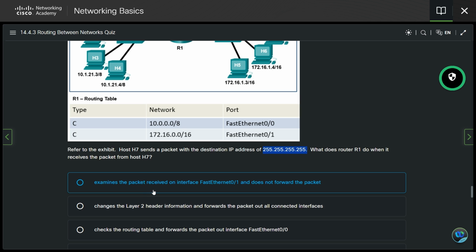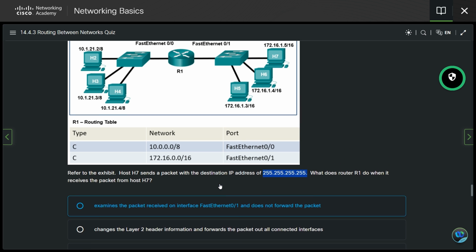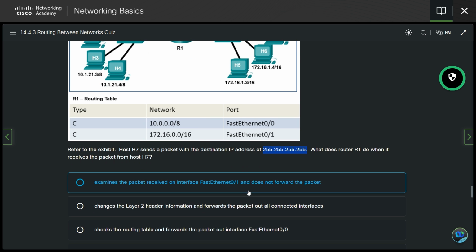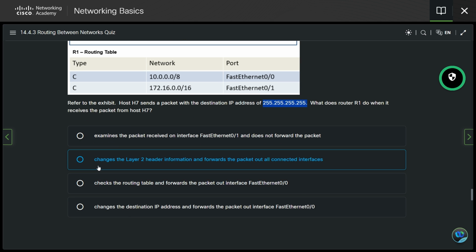Examine the packet received on interface FastEthernet 0/1 and not forward the packet. Change the Layer 2 header information and forward the packet out the connected interface. Check the routing table and forward the packet. Change the destination IP address.